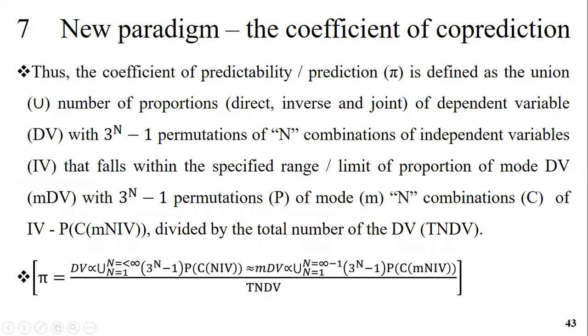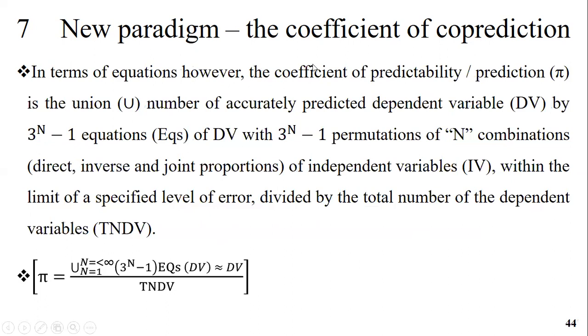Thus, by definition, the coefficient of predictability/prediction phi is defined as the linear number of proportions of dependent variables with 3 power n minus 1 permutation of n combination of independent variables that fall within the specified range/limit of proportion of both mod dependent variable with 3 power n minus 1 permutation of mod n combination of independent variable divided by the total number of dependent variable, and it is summarized in form of equation here.